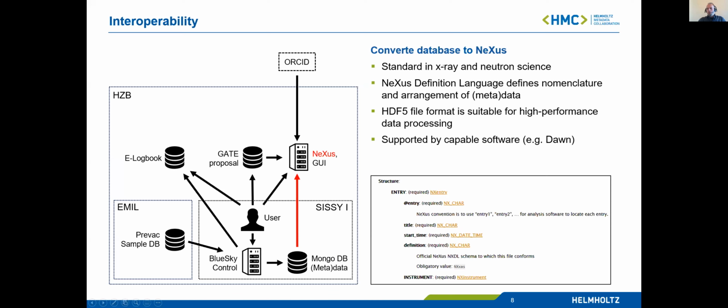This is standard in X-ray and neutron science. And in principle, the Nexus definition language meets most of the interoperability criteria. Besides that, it has some other advantages. For example, it is supported by capable software.